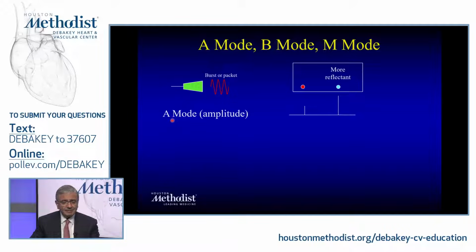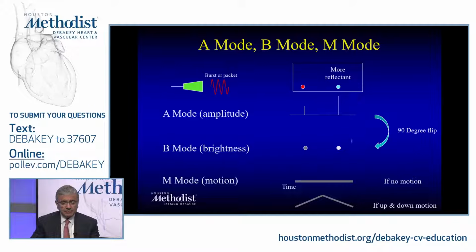I know you haven't even seen those anymore on the machines themselves, but this is the amplitude that you're going to get back with the more reflectant and the less reflectant one. And if you turn these 90 degrees towards you, you're going to see a brighter reflection from the more reflectant surface compared to the lesser one, and this is called B, or brightness mode. And this is actually the basis for most of the ultrasound that we see, because it's a brightness mode.